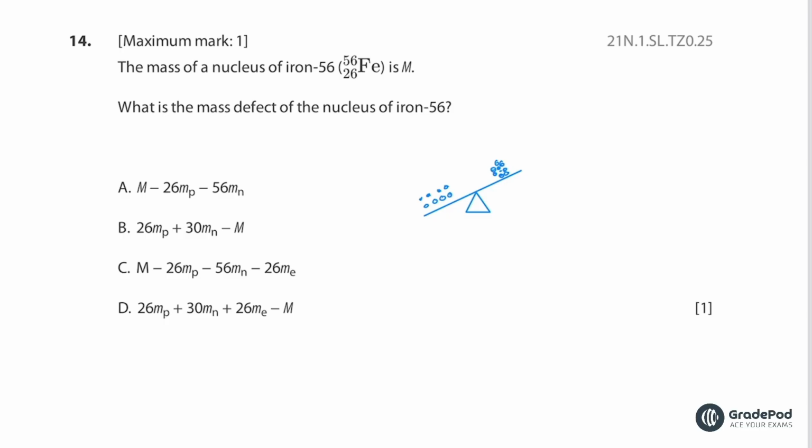And that mass defect was the mass of this subtract the mass of that. That's what we want to do here. We want to take the mass of 26 protons and the mass of 30 neutrons and then subtract this. So our answer is looking for subtract M. So it's that or that. These are out. And this is the answer here.